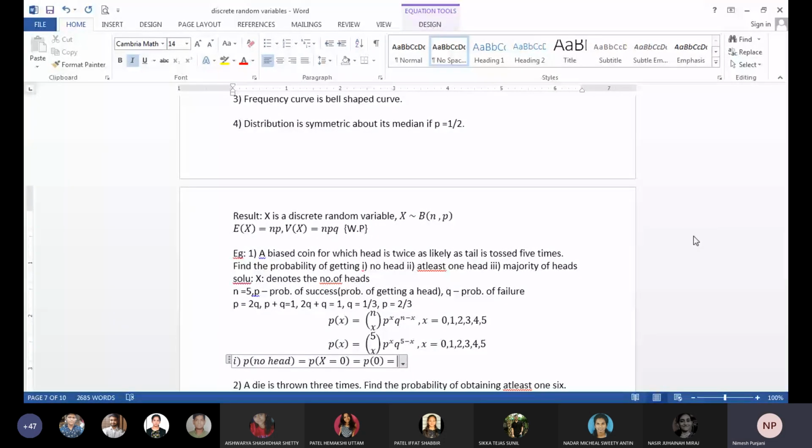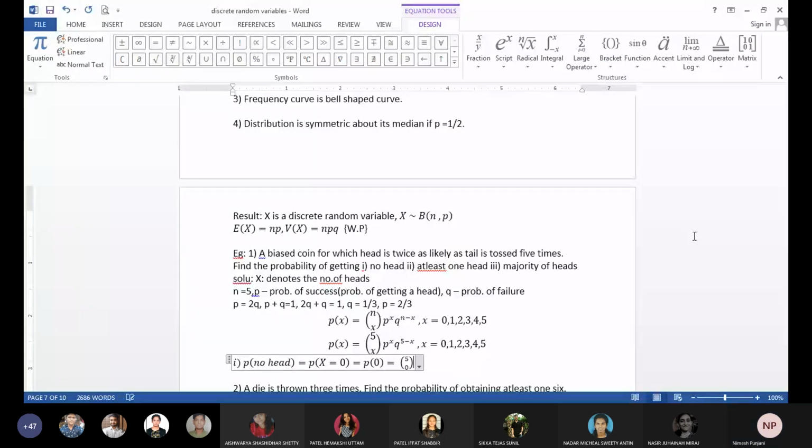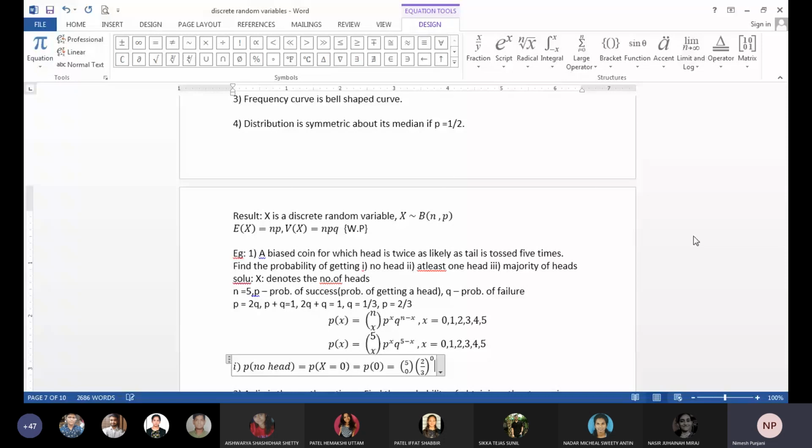So now what will be my formula? It will be 5C0 p raised to 0. The value of p is 2/3, so 2/3 raised to 0.